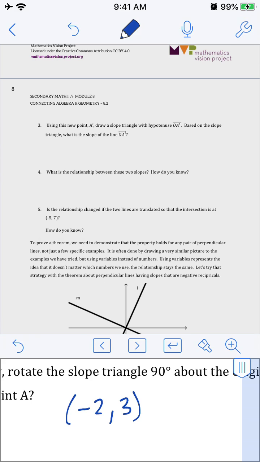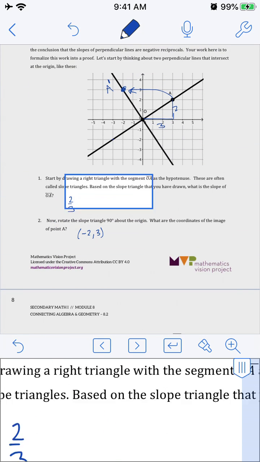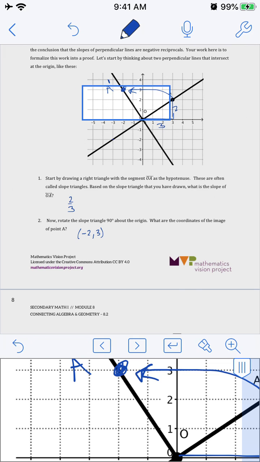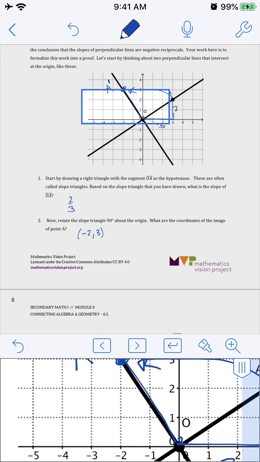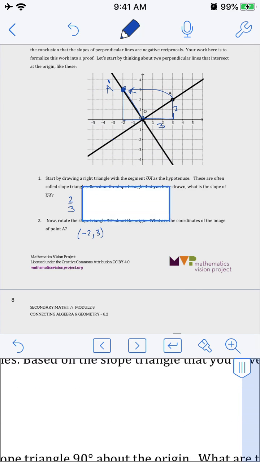Using this new point A prime, draw a slope triangle with the hypotenuse OA prime. Based on the slope triangle, what is the slope of OA prime? So what is the slope of this new one now? Here's the same O. We want to know this line. What's the slope there? Drawing a new triangle, it's now back 2 and up 3.